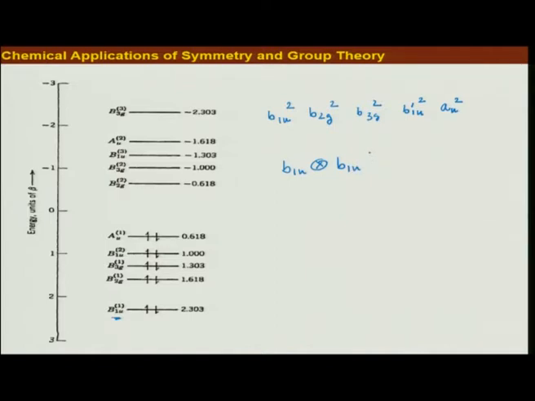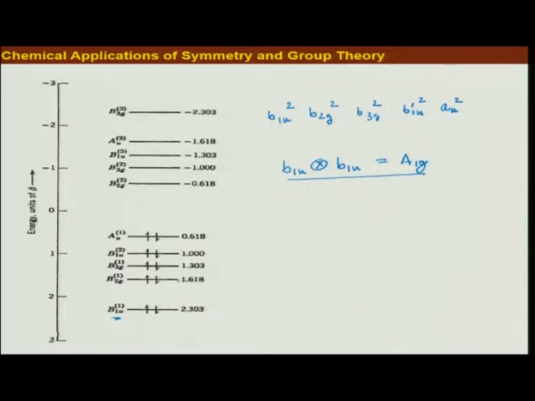I know that the square of an irreducible representation will contain the totally symmetric IR, and in this case, since they are one dimensional, I can directly say that this will be the totally symmetric irreducible representation, that is A1G for the particular point group, D2H. So this I said about one of the orbitals.